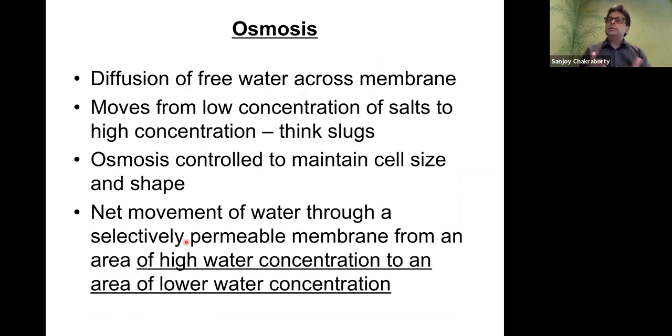So osmosis is movement of water from high water concentration to an area of low water concentration. Although we do not use that term, I wrote it down and underlined it just for your understanding. We do not call it water concentration, but we understand what it means: low solute, higher water. Higher solute, less water. You have to keep that in mind.